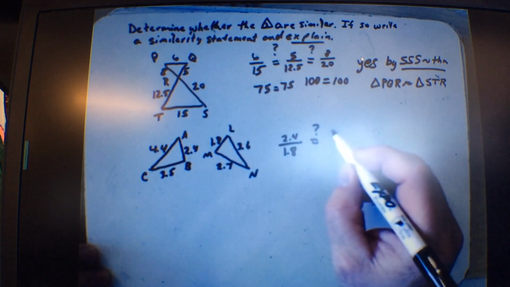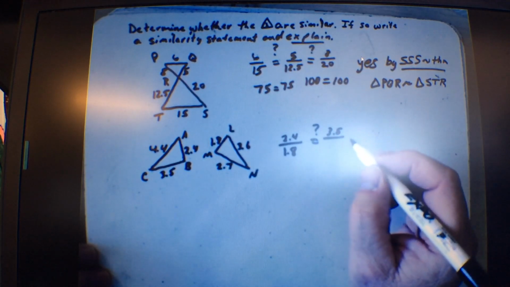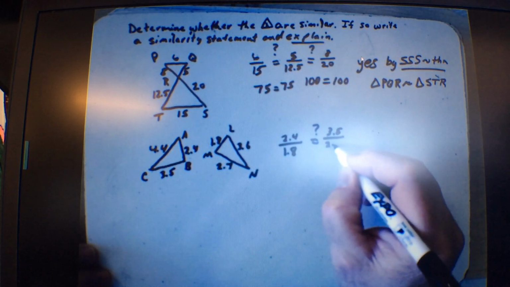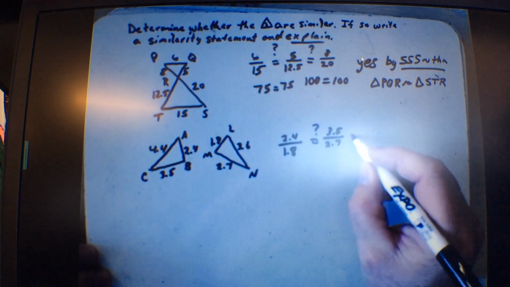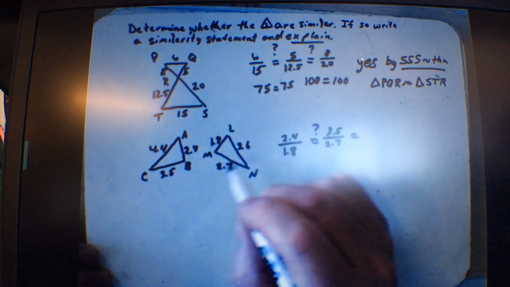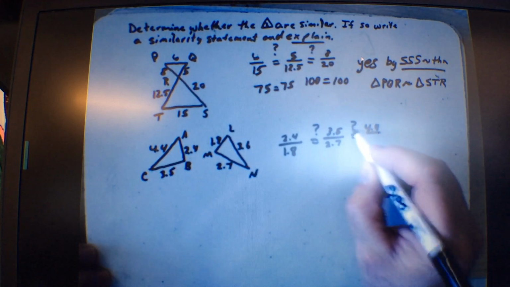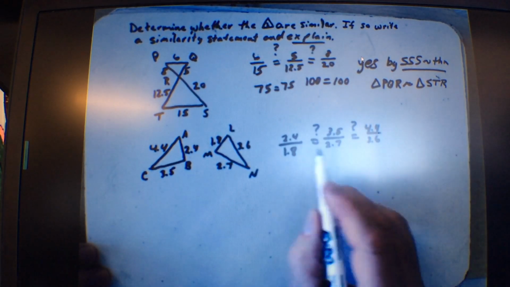We come back over. The next one is what? 3.5 over what? 2.7? Yes. Okay. And then the last one is 4.4 over what? 3.6. All right. I need some multiplication here.